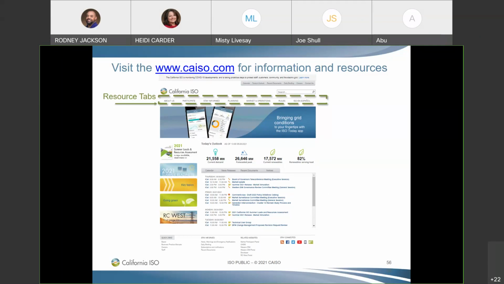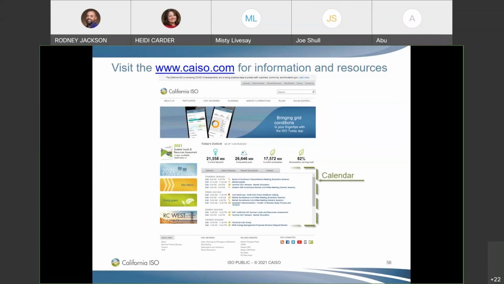When we talk about participate, stay informed, these are all the areas that you can click on to get more information. There's drop-down menus, so you can find information and stay up to date. Meetings, notices, the things that come out, you will see here in the calendar. That way you can know ahead of time how to plan for things, where you should be involved. And you can use this in conjunction with the stakeholders page.